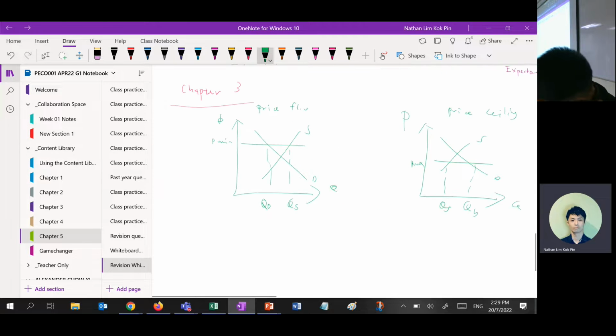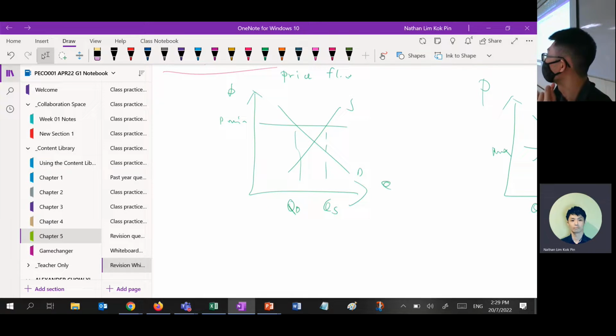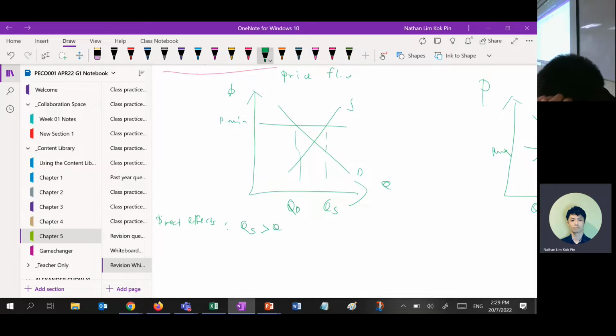Okay. So price floor, what are the effects? Direct effects will be quantity supplied is greater than quantity demanded, leading to surplus, right?